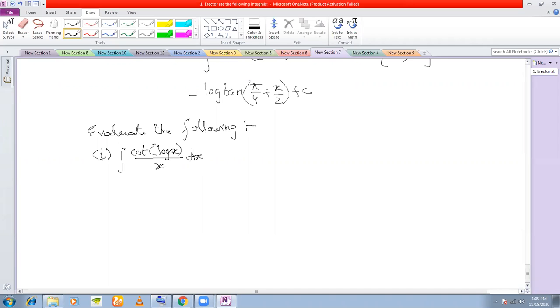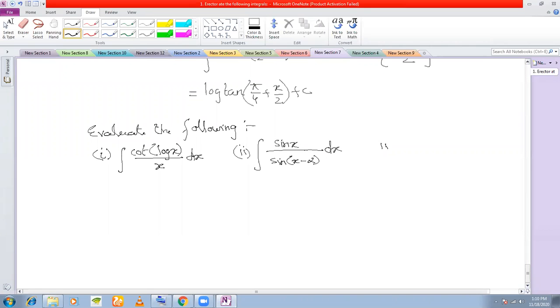Next, integral sin x by sin(x minus alpha) dx.